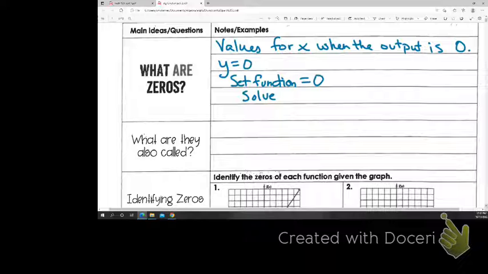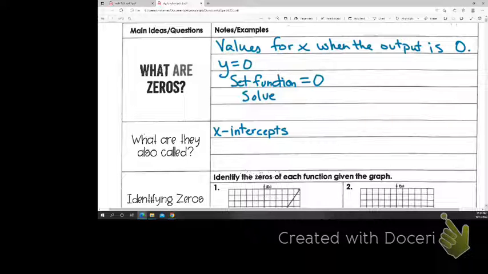The zeros of a function also have some other names. They are also called the x-intercepts because remember that if an ordered pair has a 0 for the y, then it will be crossing the x-axis.